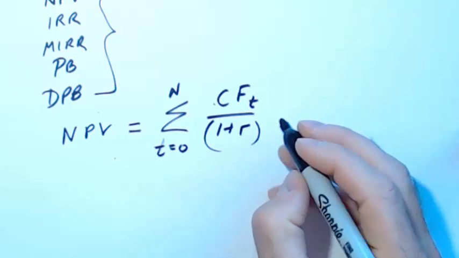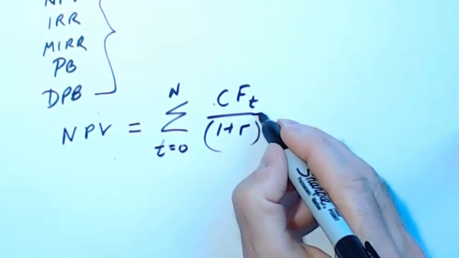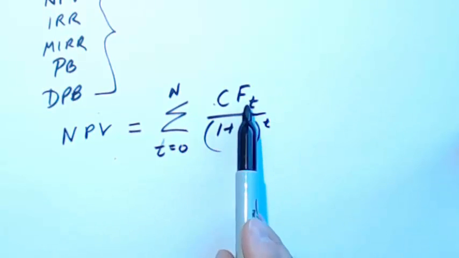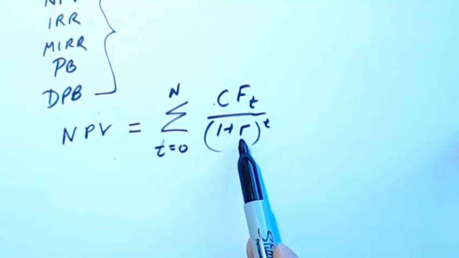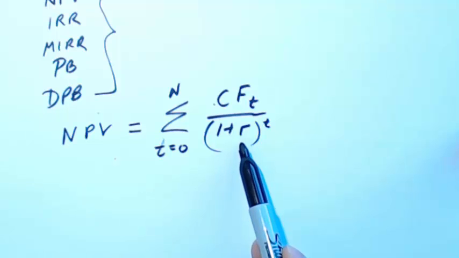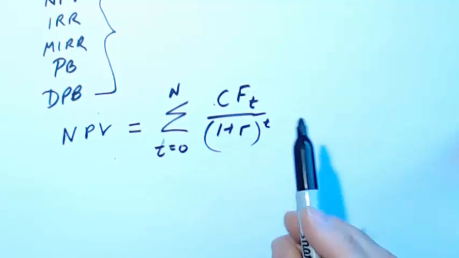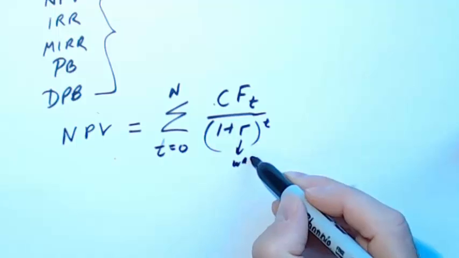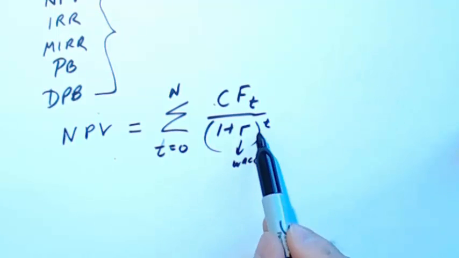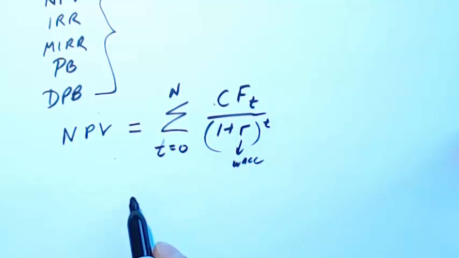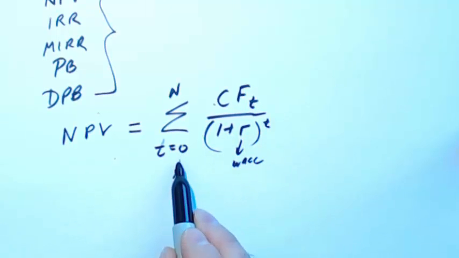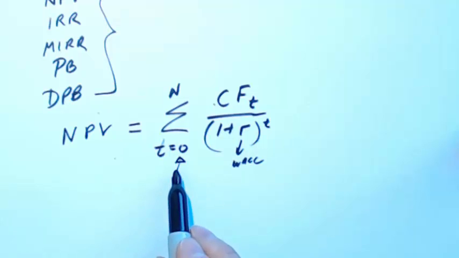I'm just using a generic R for the discount rate. This says we're going to discount all of the cash flows at rate R, which for most of this chapter will be the weighted average cost of capital, over time period t. To interpret this, look carefully.